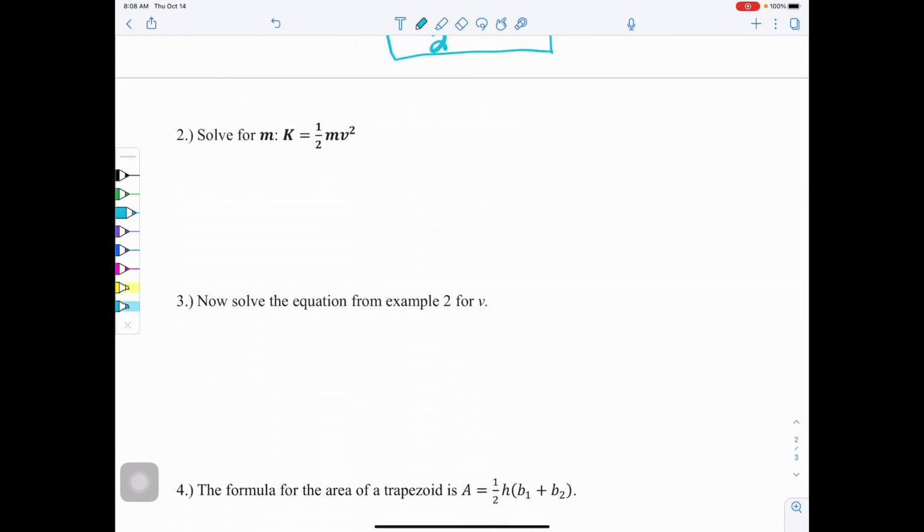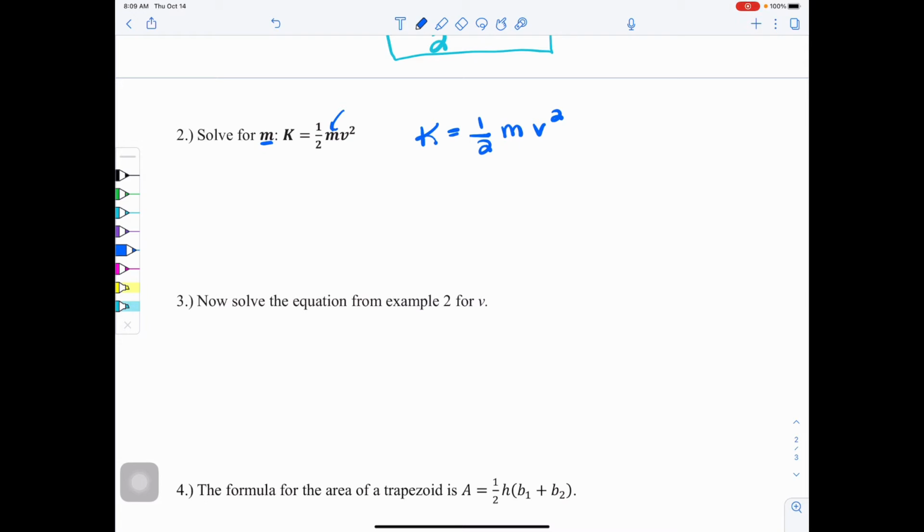For example 2, it says solve for M, which again means M is the one I need to be isolated and by itself. So I'm going to rewrite the problem. K equals 1/2 mv squared. And we're going to start making moves to get M all by itself. So the first thing I see there is a fraction that I don't want to be there anymore.